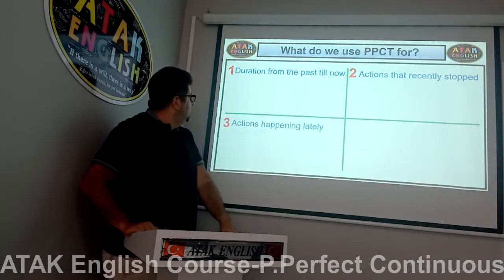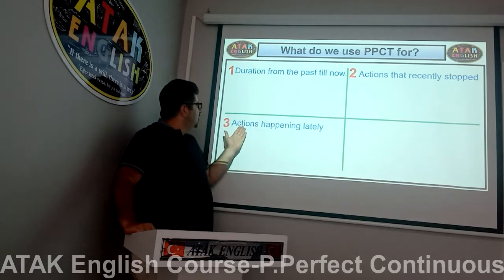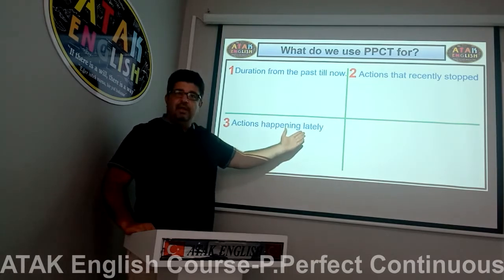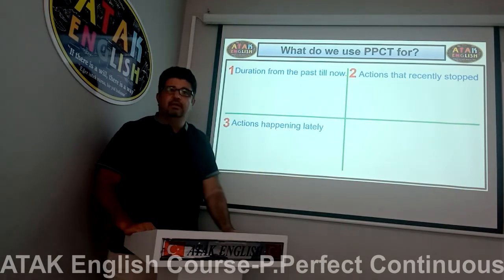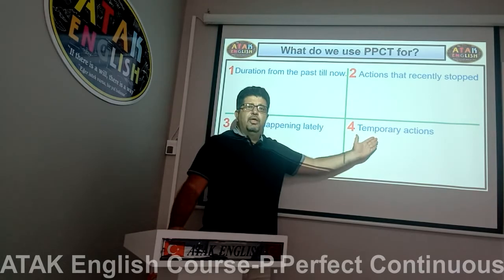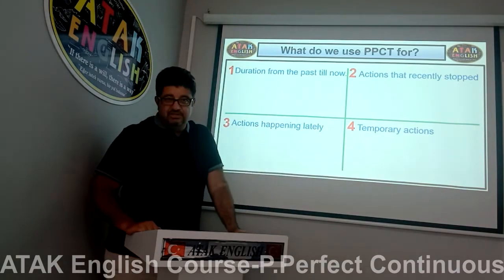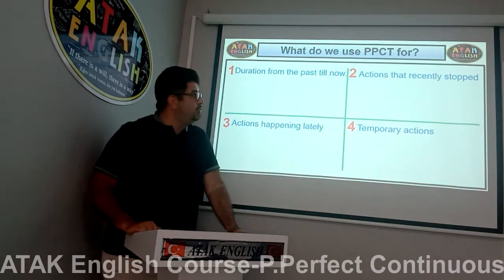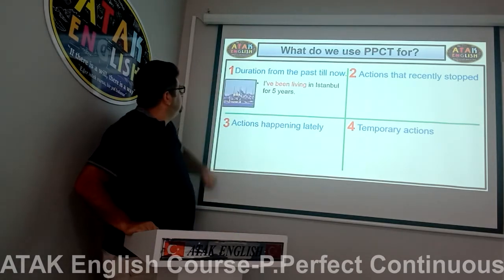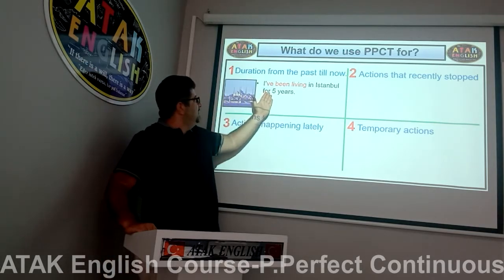Number 3, I also use present perfect continuous for actions happening lately, actions happening recently. And finally, number 4, I use present perfect continuous for temporary actions. Now we'll elaborate on them one by one, and let's get started with number 1, duration from the past till now.